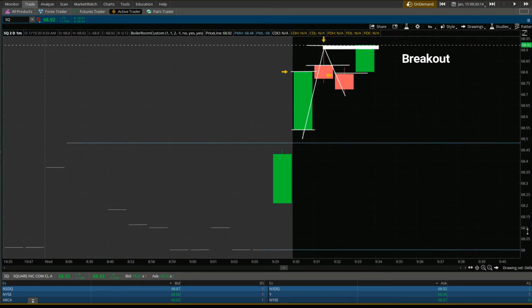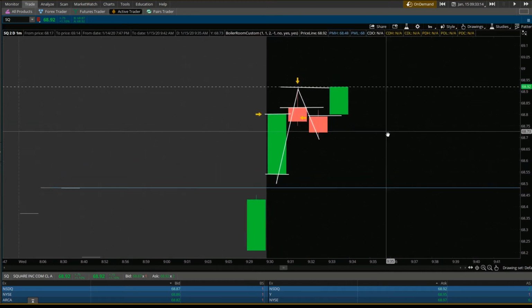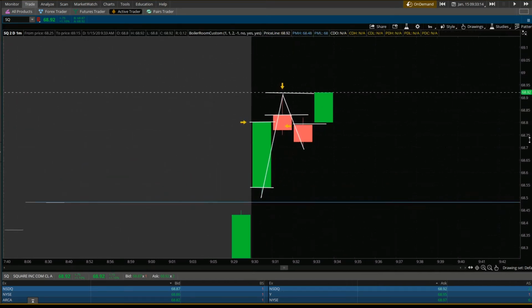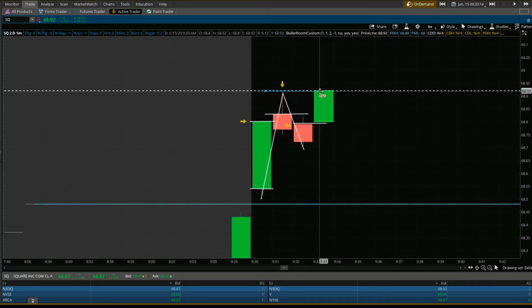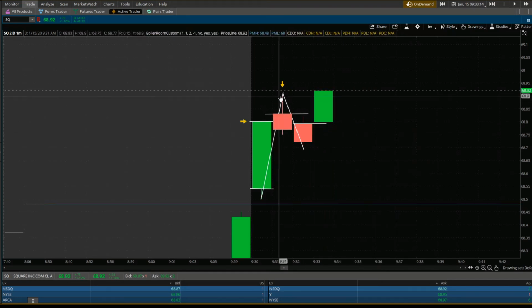If we break that top, this would be considered a breakout. Now, not every breakout works. There is nothing in trading that works 100%. But breakouts is what I like to trade. So if we put a line, and this is exactly why this white dotted line is here. If I remove this, that white dotted line shows me how close we are to breaking the high of this candle.